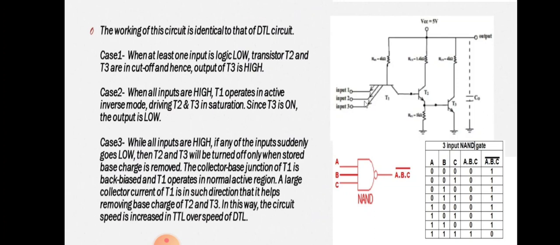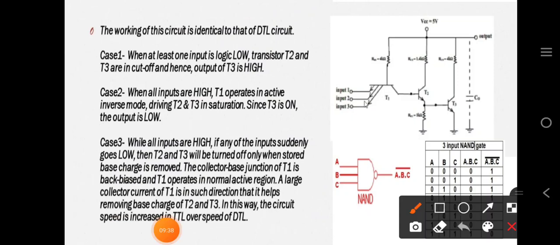A large collector current of T1 is in such direction that it helps remove the base charge of T2 and T3. In this way, the circuit speed is increased in TTL over the speed of DTL. So this case 3 completely explains how the speed is increased by using TTL as compared to the DTL.